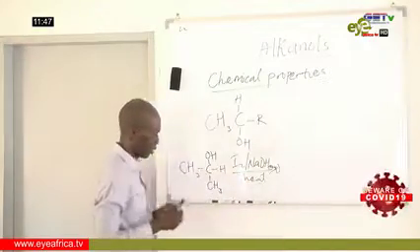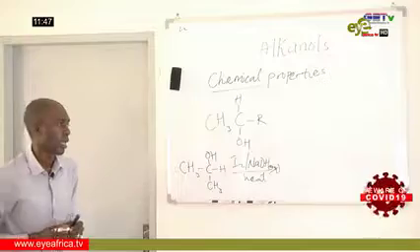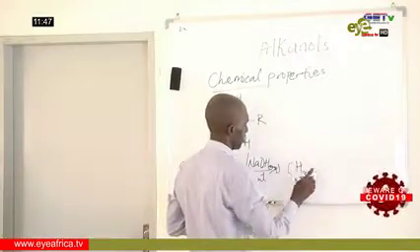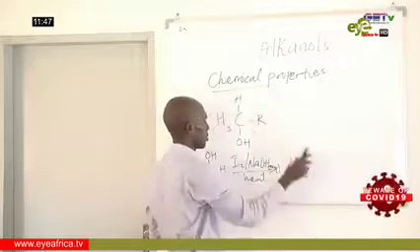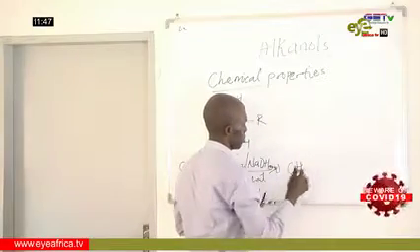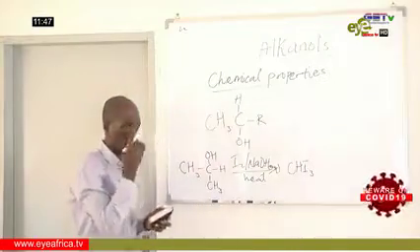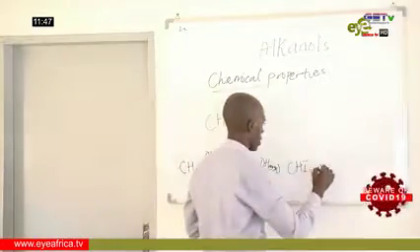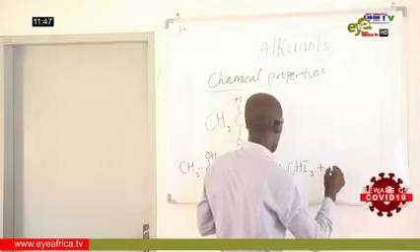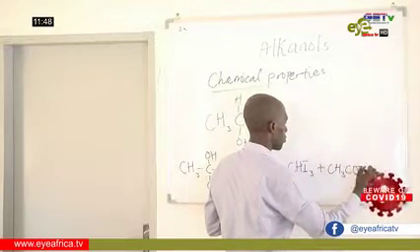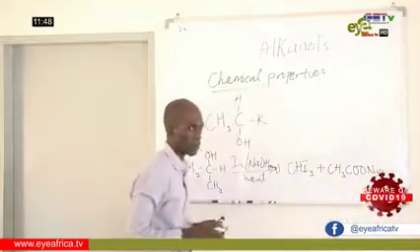this will produce triiodomethane, CHI3. This is your triiodomethane, and the final product will be a salt.